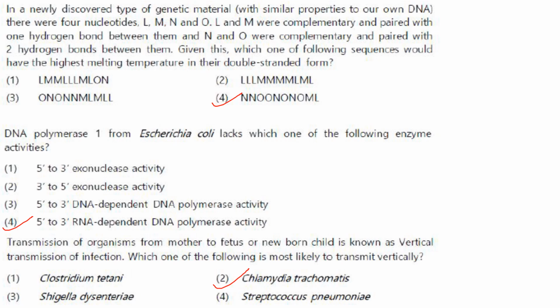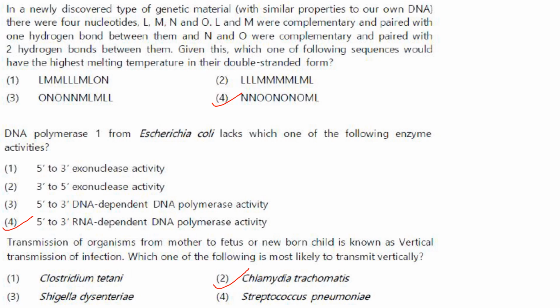Next question. In a newly discovered type of genetic material with similar properties to our own DNA, there are 4 nucleotides L, M, N, O. L and M are complementary and paired with one hydrogen bond between them. N and O are complementary and paired with 2 hydrogen bonds between them. Given this, which of the following sequences would have the highest melting temperature in their double-stranded form?